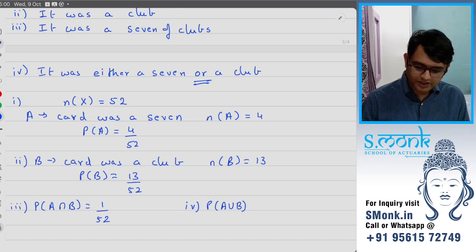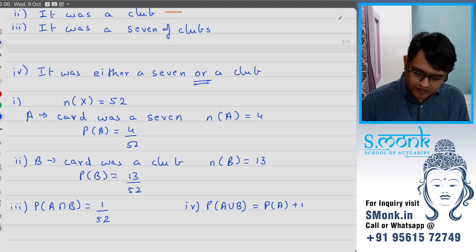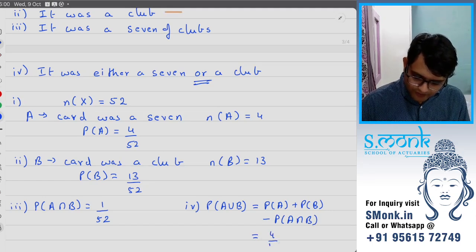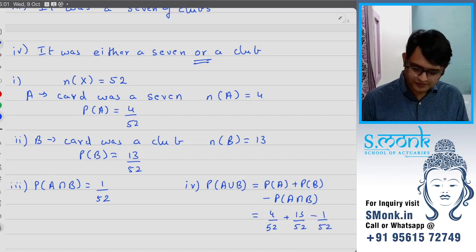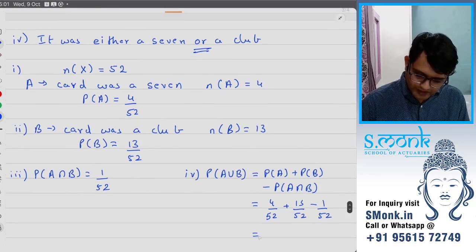That would be probability of A plus probability of B minus probability of A intersection B, that is 4 by 52 plus 13 by 52 minus 1 by 52. We'll have 16 by 52.